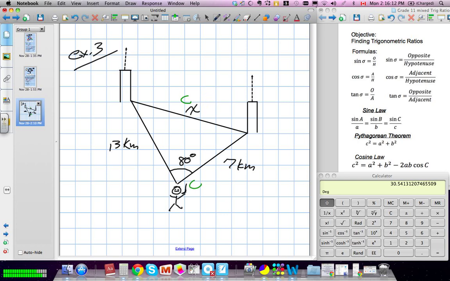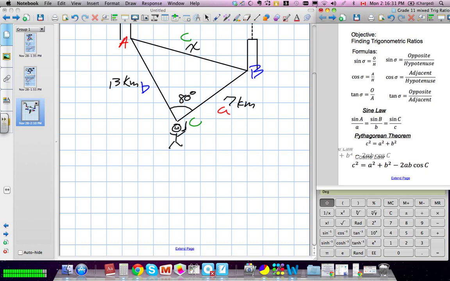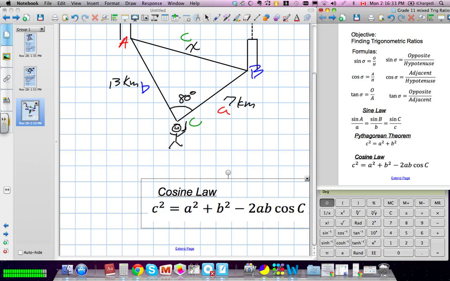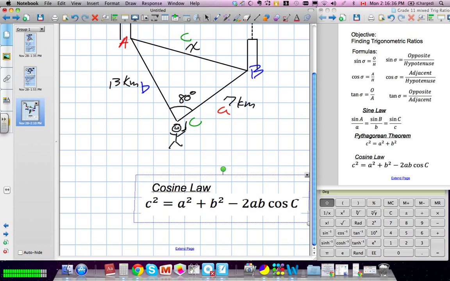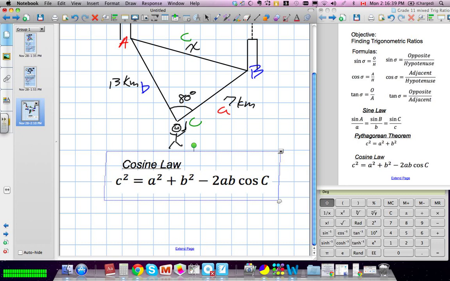Our A and B are less important. We just have to make sure the angles and the sides are opposite. So right now we have an angle in between 2 sides that we know. So we're going to be using our cosine law to solve this. And we're going to go straight into the question now since it's our 3rd example. So our c squared is what we're looking for.